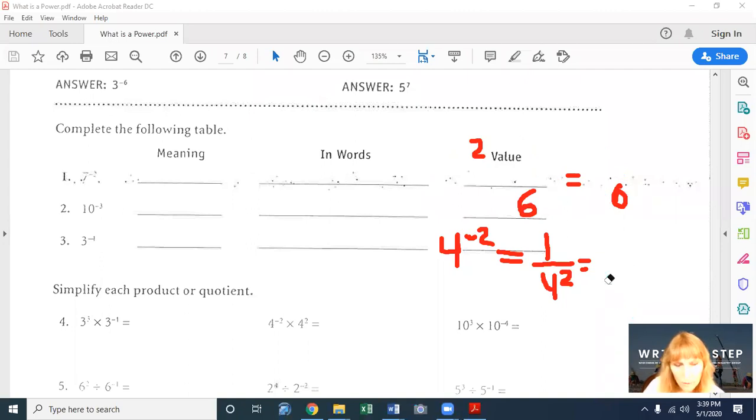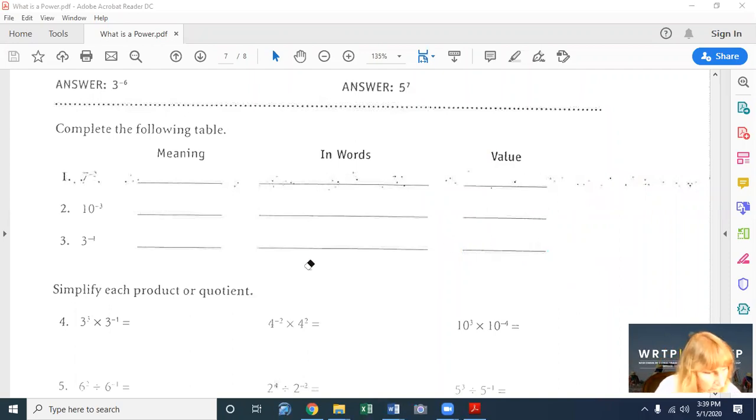and it says, what is the meaning of 7 to the negative 2, right? So they want us to rewrite it. 7 to the negative 2 is really 1 over 7 to the second power, like this.